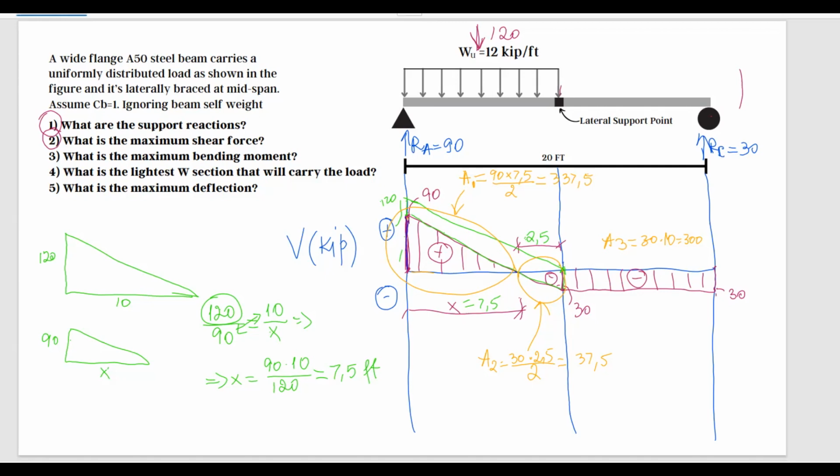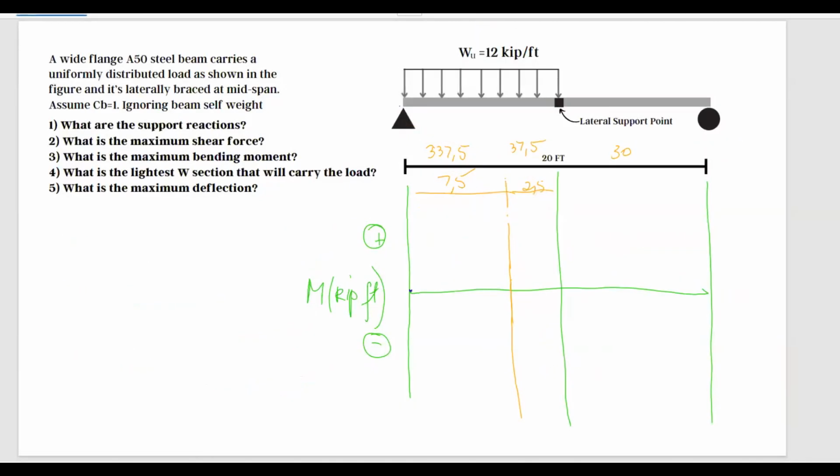And it is positive, so we're going to go in our moment diagram towards the positive side, which means we're going to go upward. And another thing is this shear diagram is linear, which means our moment diagram is going to be parabolic. Okay? So let me draw this triangle, therefore, to talk about something.